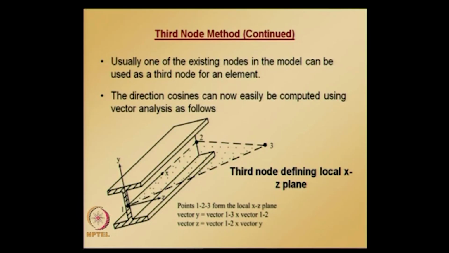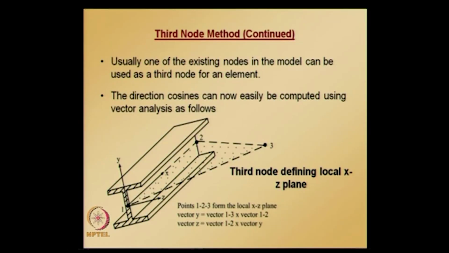Once we know that vector, and once we also know the vector along the local x axis, that is the vector going from node 1 to node 2, if we take the cross product of these two, we are going to get the vector along local y axis, and once we get the vector along local y axis, if we take the cross product of the vector along 1, 2, the vector along nodes 1, 2 is nothing but local x axis.